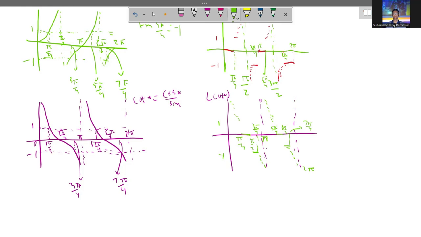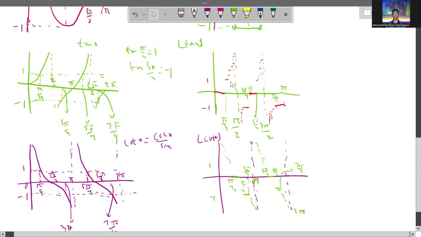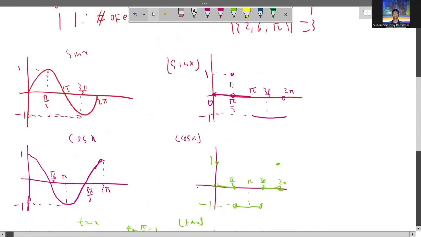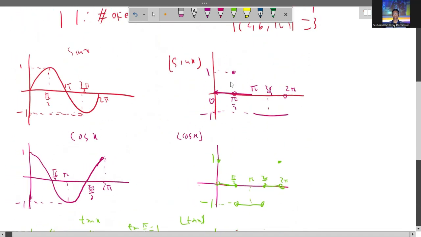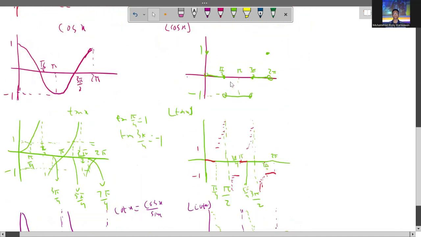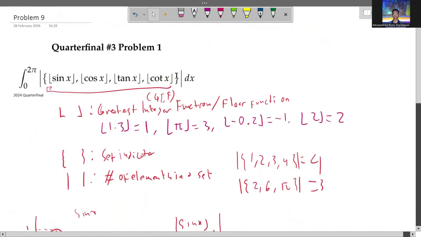So you might be able to draw this much clearer than I could. Now that we got this out of the way, let's try to solve this integral.